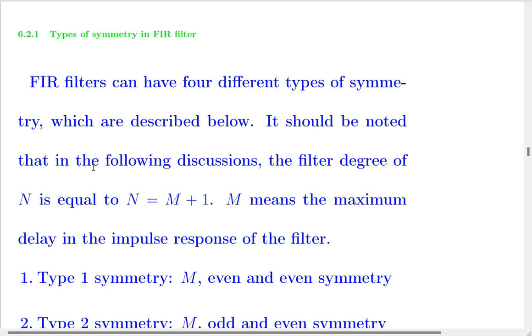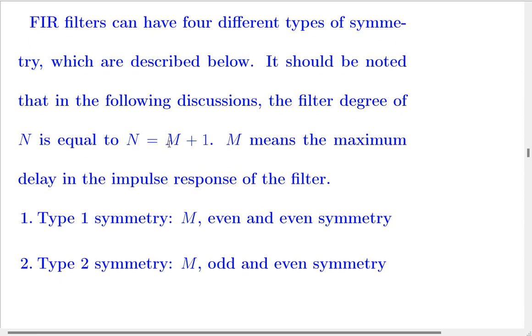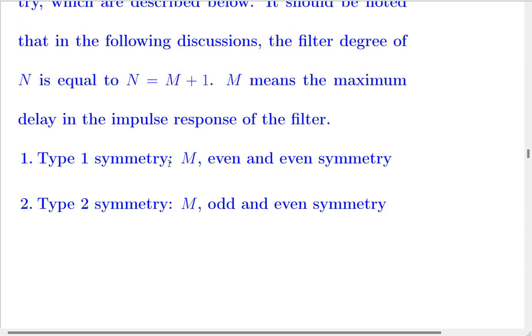It should be noted that in the following discussions, the filter degree N is equal to capital M plus 1. So, M means the maximum delay in the impulse response of the filter. You need to remember it. You'll need them in later discussion.